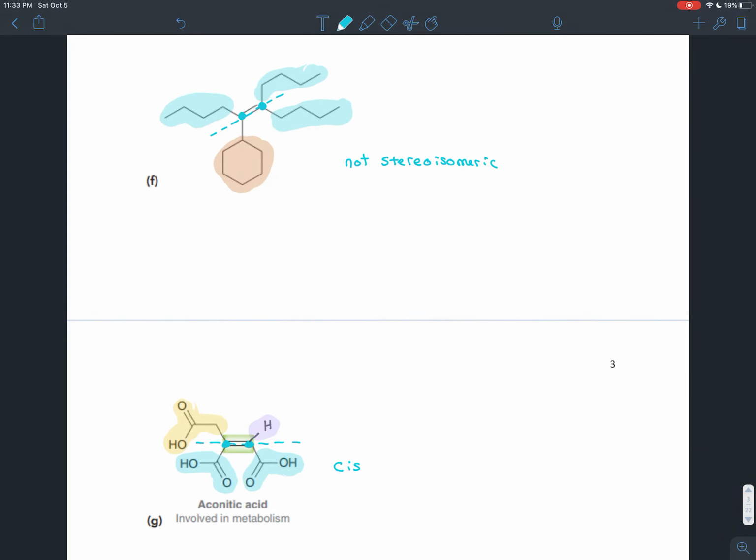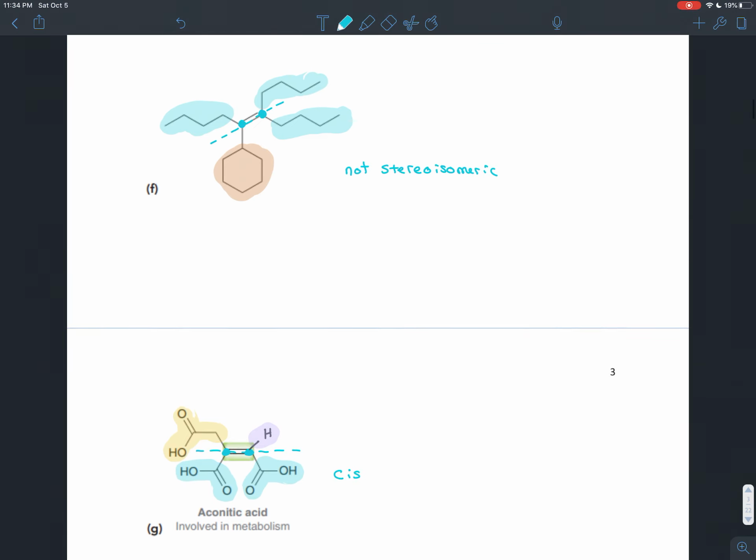So a cis version may be a medicine, while a trans version may be a poison, or may not work at all if it's a medicine. And so this is just recognizing that first type of stereoisomerism, that first type of things that have the same pieces connected in the same way but oriented differently in space, the example of cis and trans.